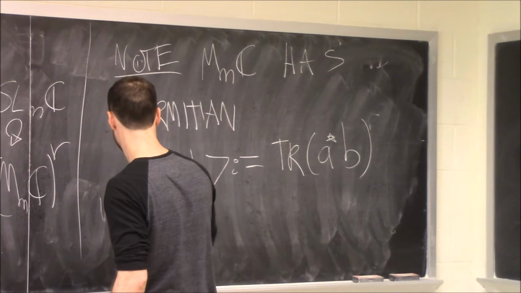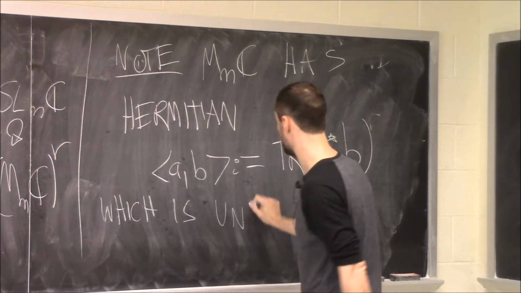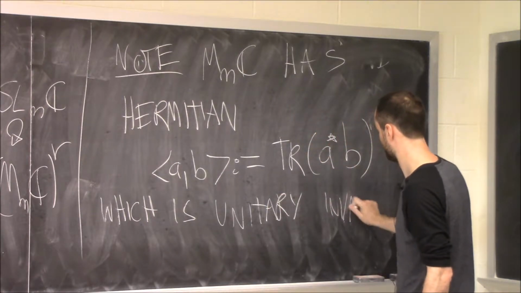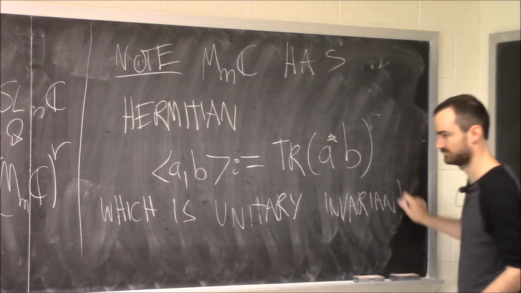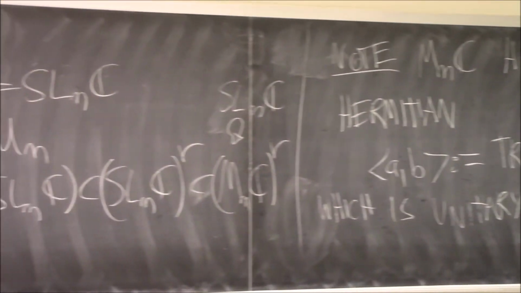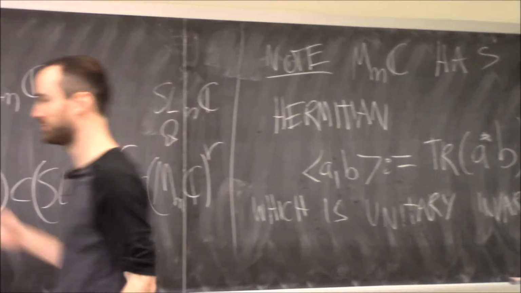Which is unitary invariant. And so what's going to start happening is that we're going to have norms on the representations, and we're going to use this conjugation action to start minimizing the norms.